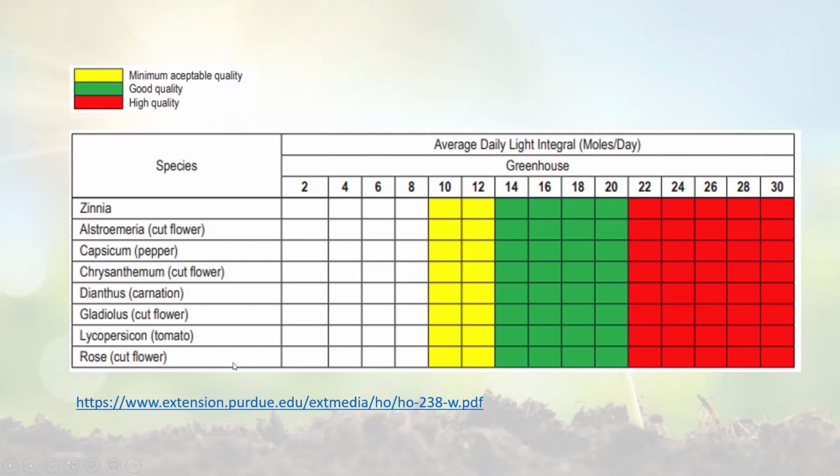That is for a number of species. Here's a link that essentially is this chart expanded with many more species. And you can look at the minimum daily light integrals that you should be achieving in your greenhouse if you're growing these species per day to ensure that you have good or high quality crops.